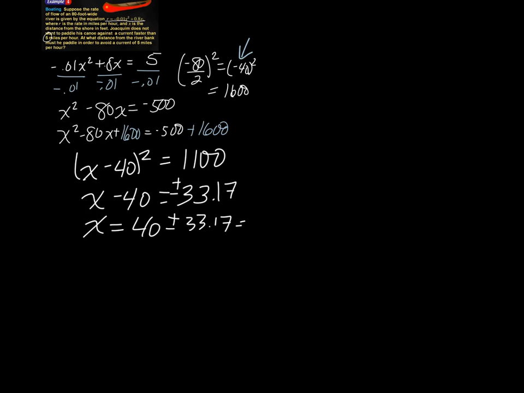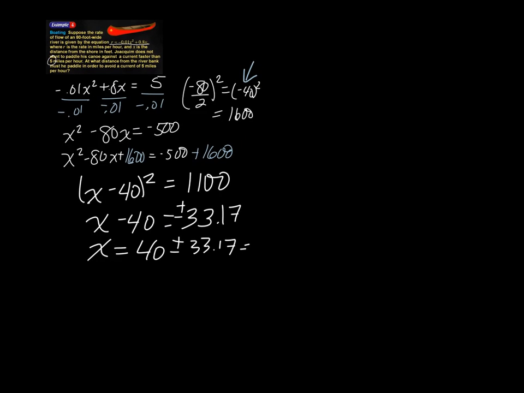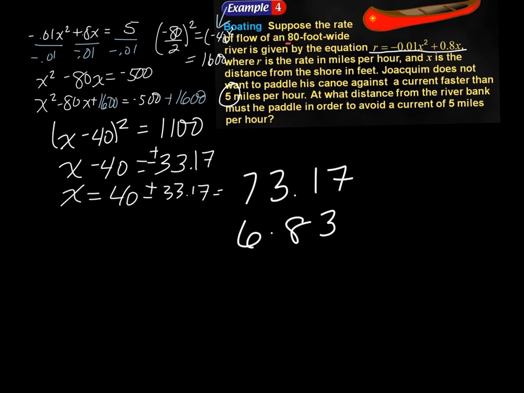If I add, I get 73.17. If I subtract, I get 6.83. Now remember how wide the river was? 80 feet wide. So if I subtract 80 minus 73.17, do you know what I get?